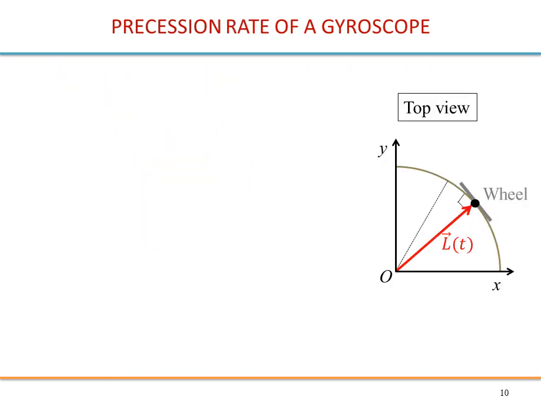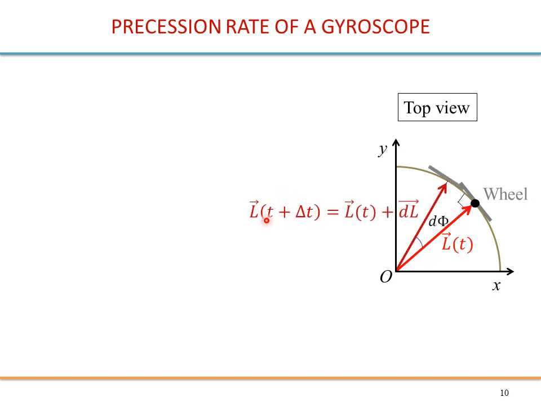This is the so-called precession rate of a gyroscope. So let's find out this. Here I show you in the XY plane we have the origin, we have the shaft, and we have here the wheel rotating, and L is along this direction at a time t.